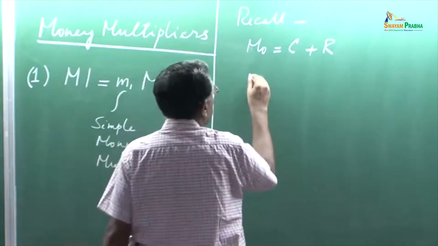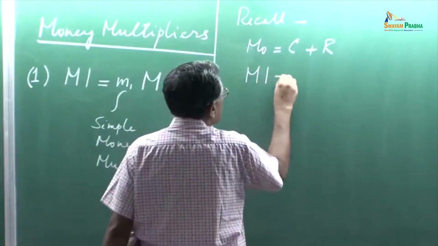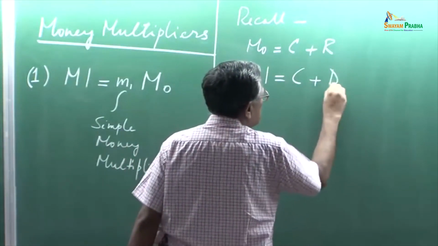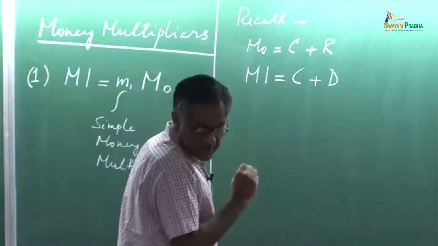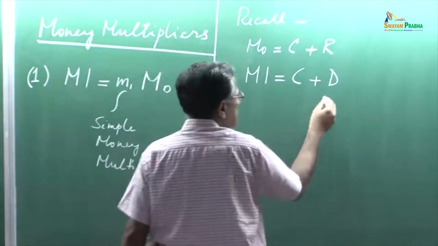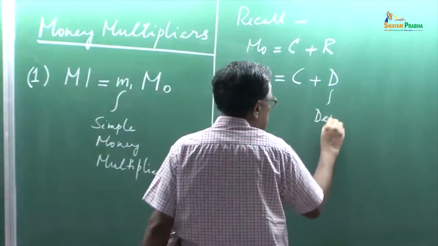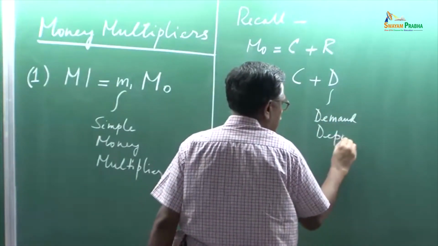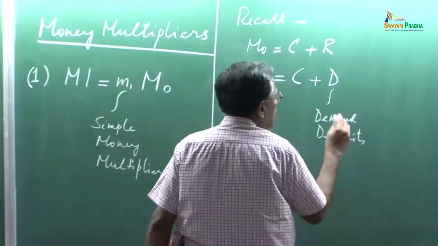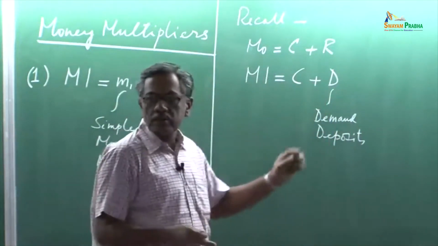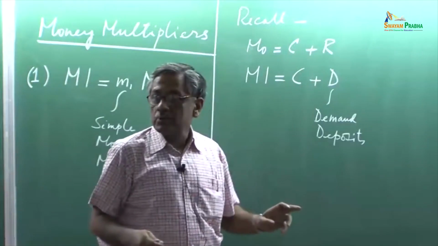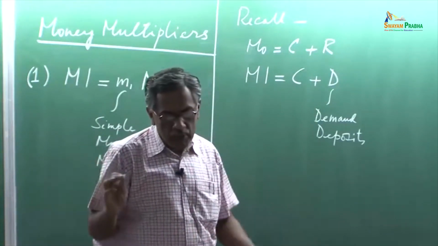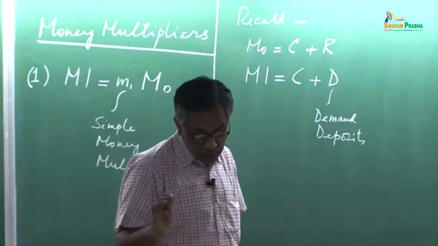And M1 is currency with the public plus demand deposits, call that D. Here D is demand deposits. What is the other thing in M1 and M0? Other deposits. I am ignoring them. They are a very small amount.